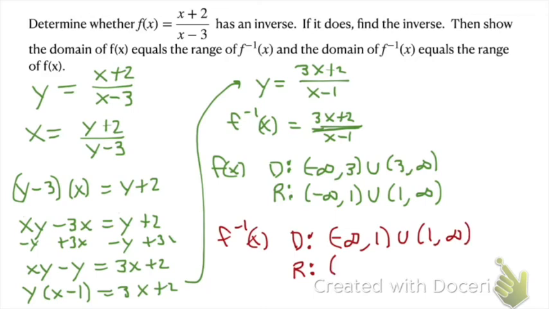For the range, if you need to look at a graph, you see that we have a horizontal asymptote at 3. Remember, you do your limits. As you go to infinity, you'll find this. And we go to 3, and 3 is a horizontal asymptote, so it is excluded. So our range is from negative infinity to 3, union 3 to infinity.